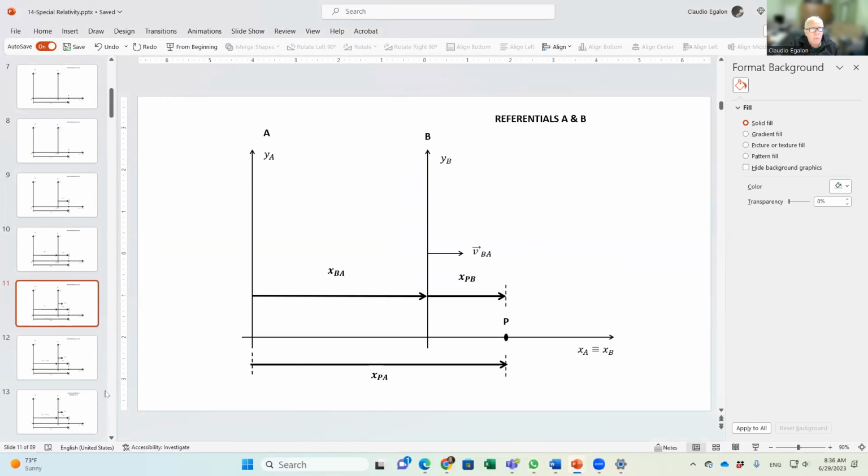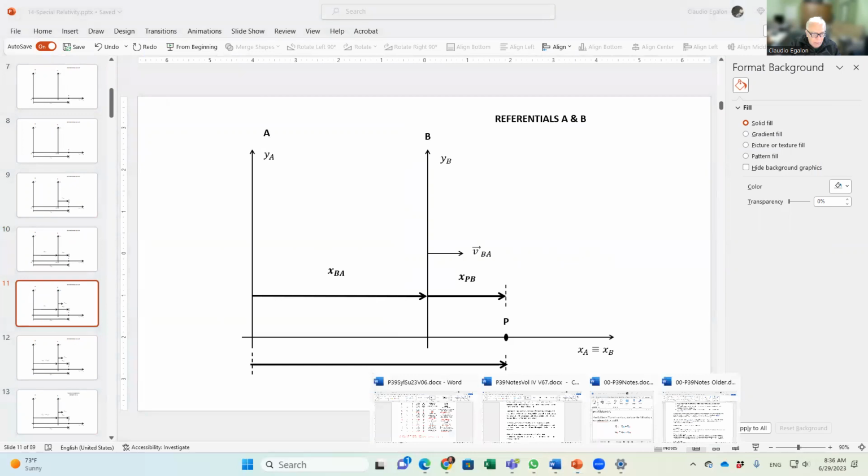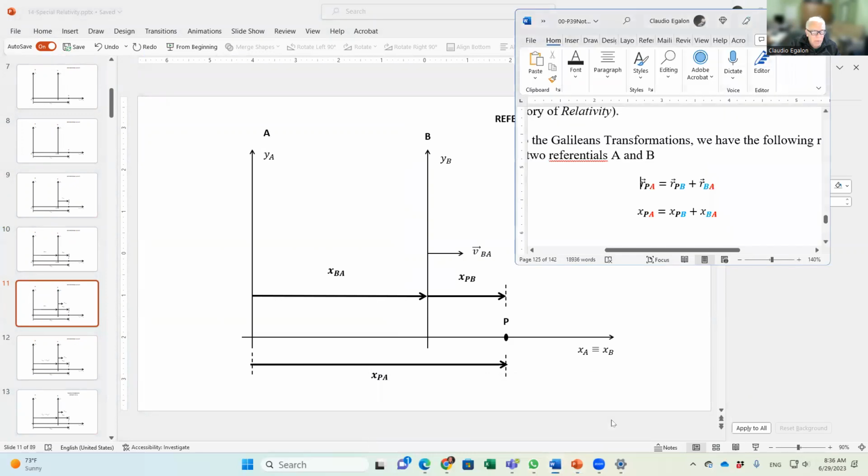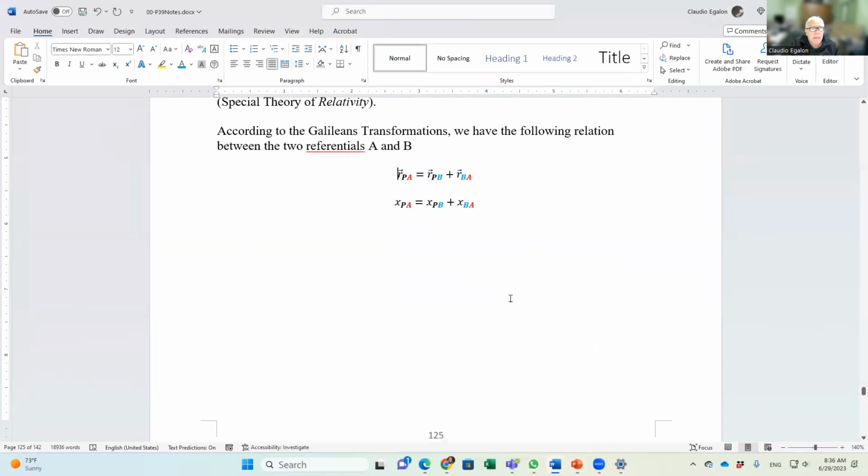If we do that, we can rewrite our equations, our transformations, as being X of B with respect to A becomes V of B with respect to A times T. This V of B with respect to A can be either positive or negative.